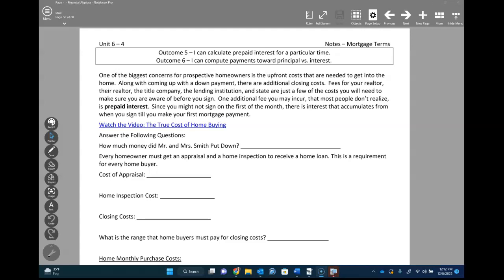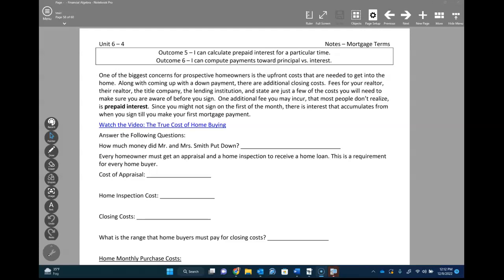So the outcome for today is to calculate prepaid interest for a particular time, and then to also compute payments towards principal versus interest. One of the biggest concerns for prospective homebuyers is the upfront costs that are needed to get into the home. Along with coming up with a down payment, there are additional closing costs, fees for your realtor, their realtor, the title company, the lending institution, and state are just a few of the costs you will need to make sure you are aware of before you sign.